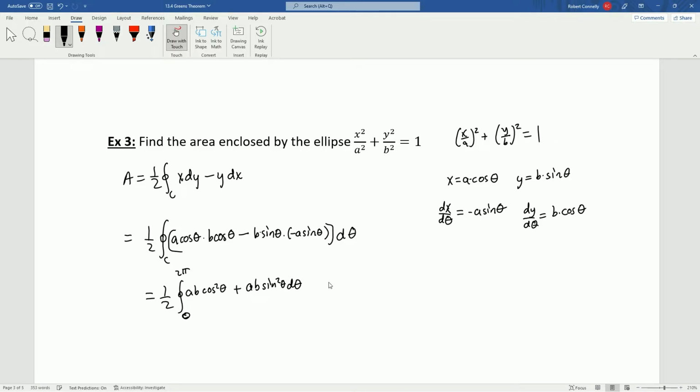And if I factor out the ab, I get ab over 2 times this integral from 0 to 2 pi of cosine squared of theta plus sine squared of theta, which is just 1. So this is ab over 2 times theta evaluated from 0 to 2 pi. But of course, that's just going to be 2 pi. That leaves me with ab times pi. All right. Well, that's it. That's the area enclosed by this ellipse.